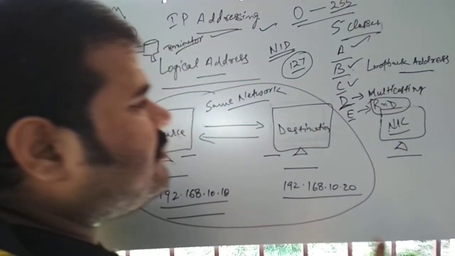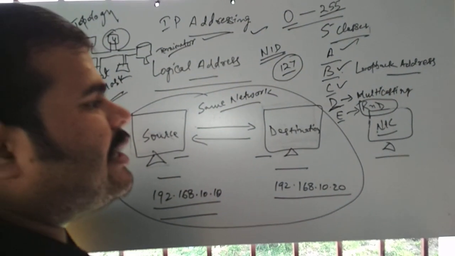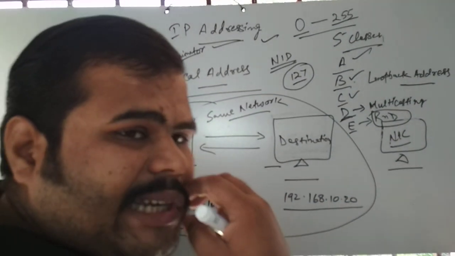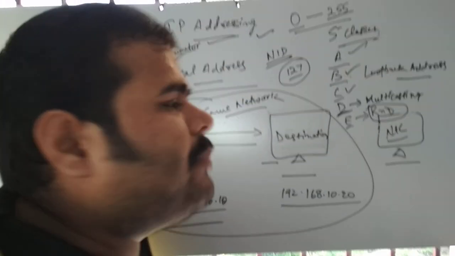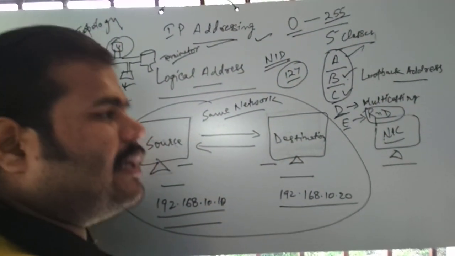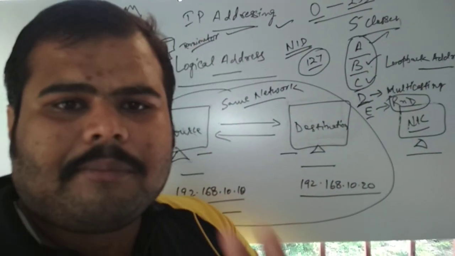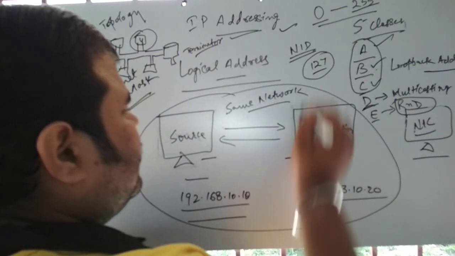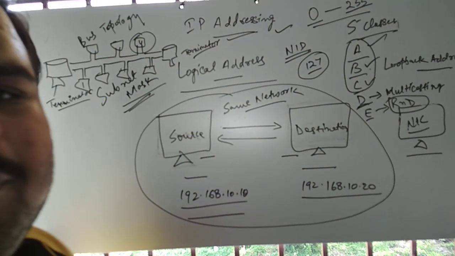Now, the concept of class A, class B, class C, class D and class E. As I said, class D is utilized for multicasting and class E for research and development. What about class A, class B, class C, and why are we using these? The major thing behind this relates to the subnet mask.